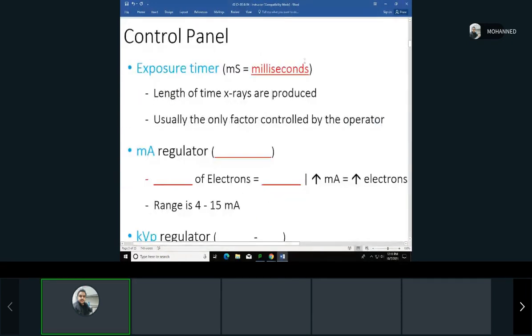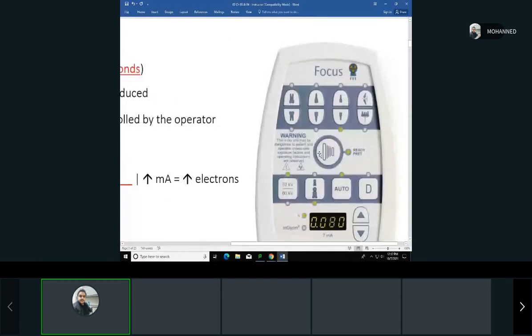This is the amount of time that the X-ray will be produced. In a lot of the X-ray devices that we have nowadays, this is the only thing that we can actually control. When you have a child and you want to change the controls, you pick the child option on the control panel, and when you change these options, whether child or adult, the numbers will change.